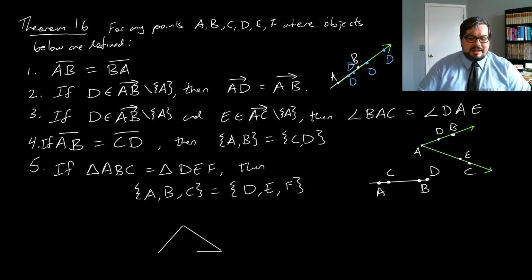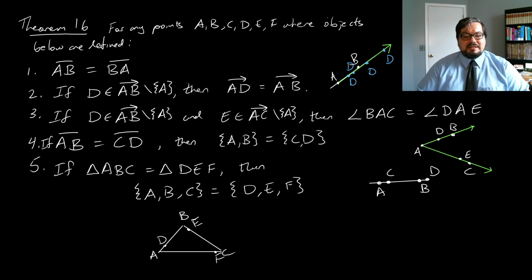And so again, this is saying that if I've got some triangle, it's not possible to weirdly choose a D, E, and an F that are different than A, B, C in order to get the same triangle. Believe it or not, this item 5 here is quite a challenge to prove. It takes quite a bit of work and some fairly sophisticated arguments. So if you want a good challenge, go ahead and work on that one. It takes some thought. It takes some work.